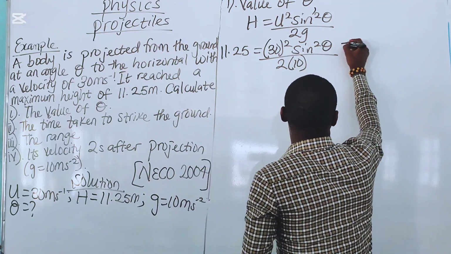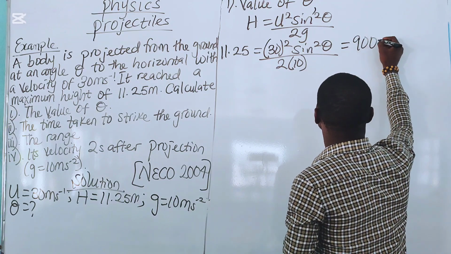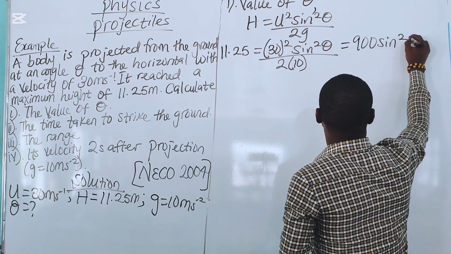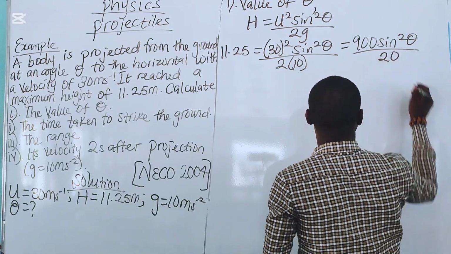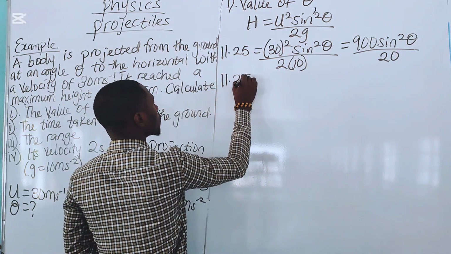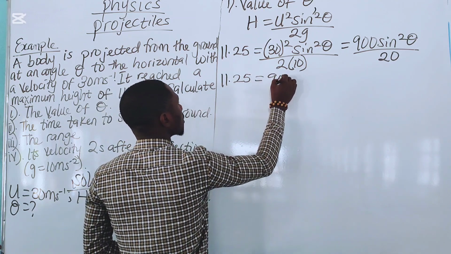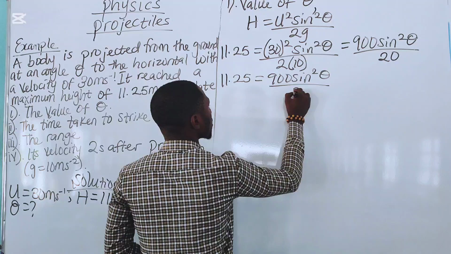Okay, so that is going to give us 30 squared, which is 900, and then sine squared theta over 2 times 10, which is 20. So that implies that 11.25 should be equal to 900 sine squared theta over 20.